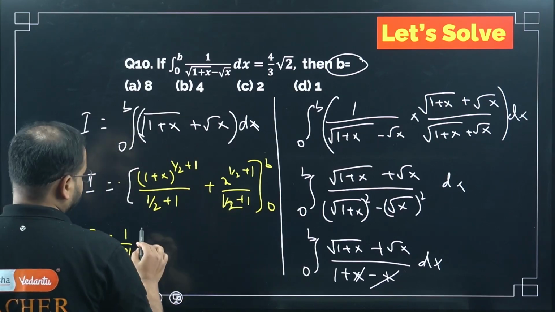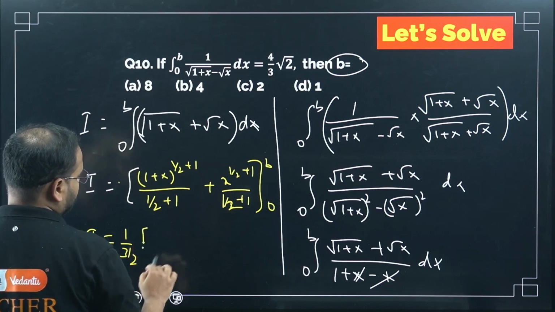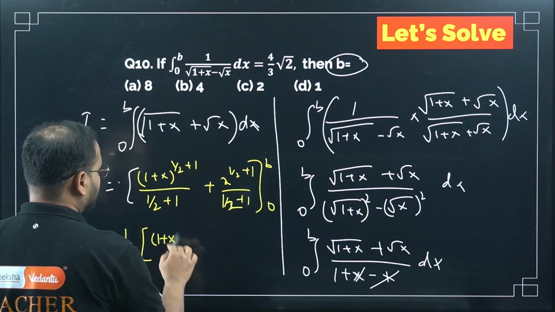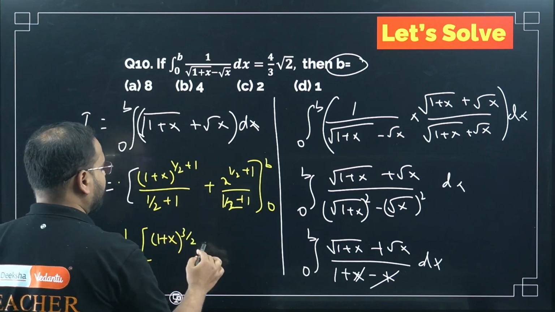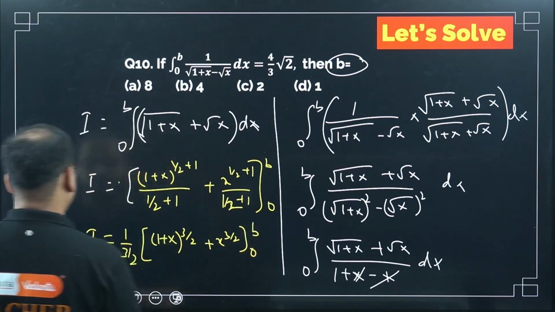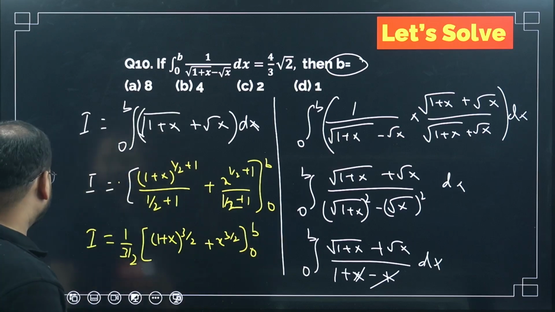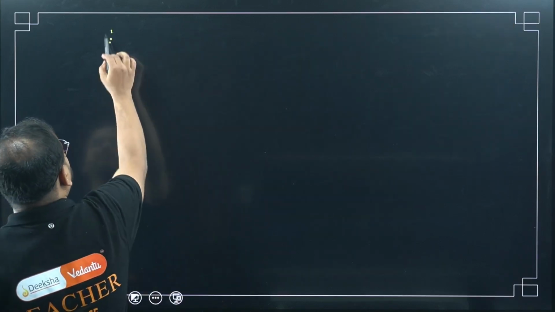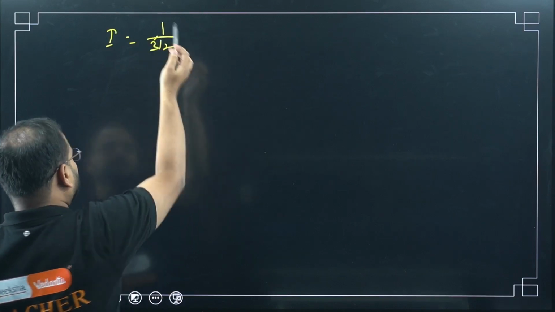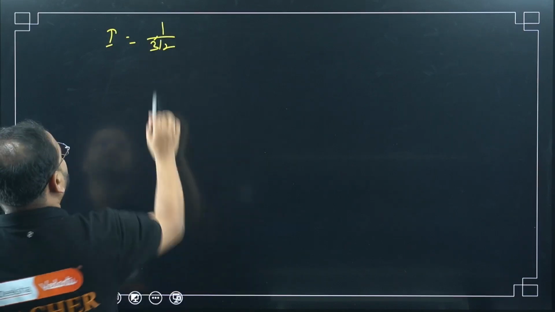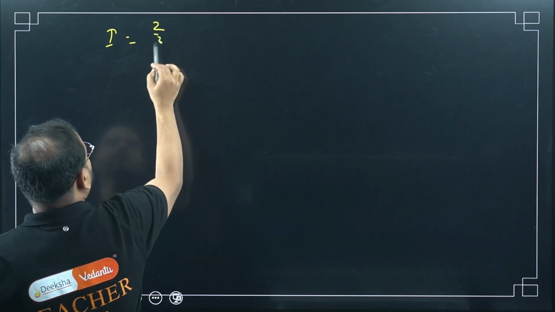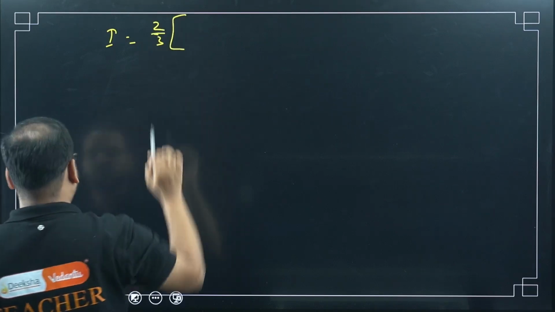If you look at this, I'm left with 1 plus x to the power 3 by 2 plus x to the power 3 by 2, limit 0 to b. This is my integration I. So I equals 1 upon 3 by 2, which will become 2 by 3, under integration.